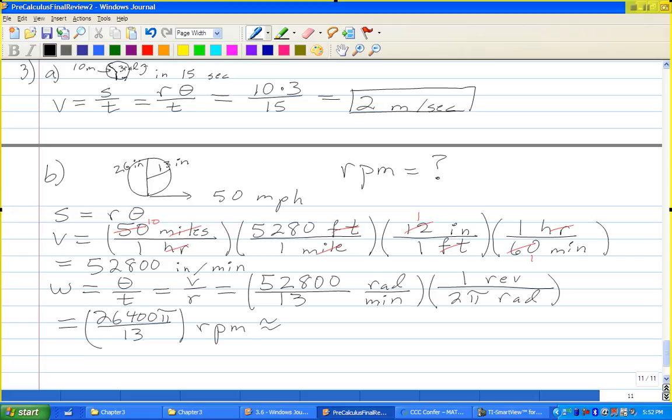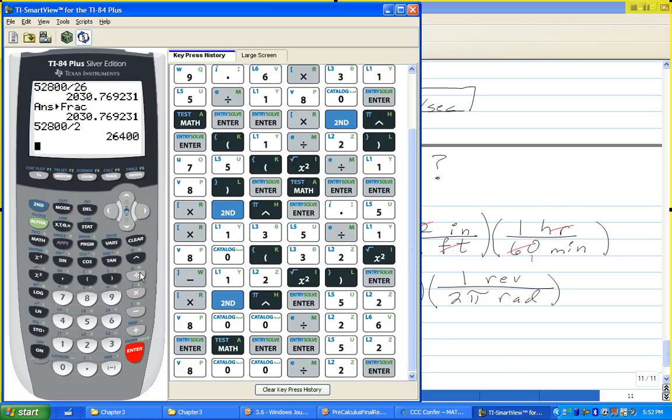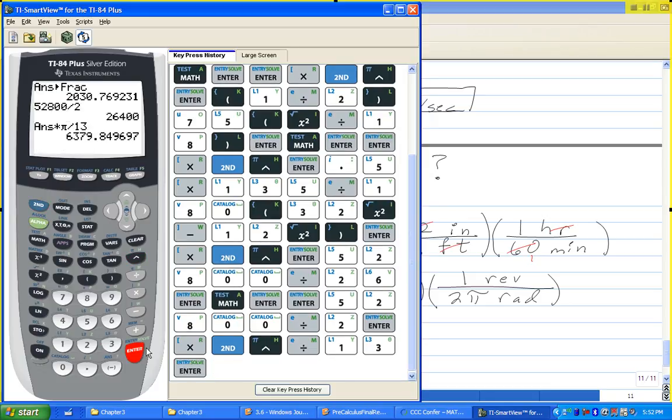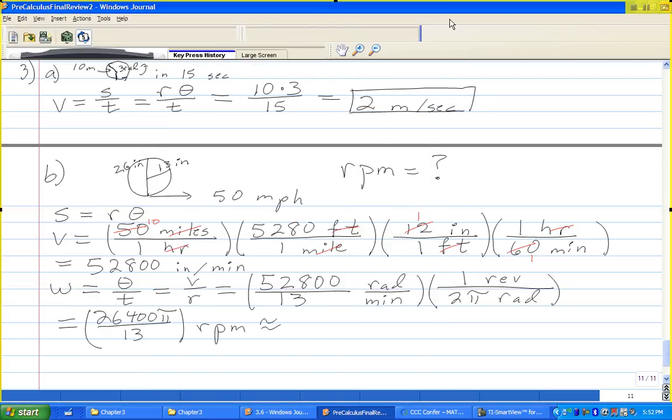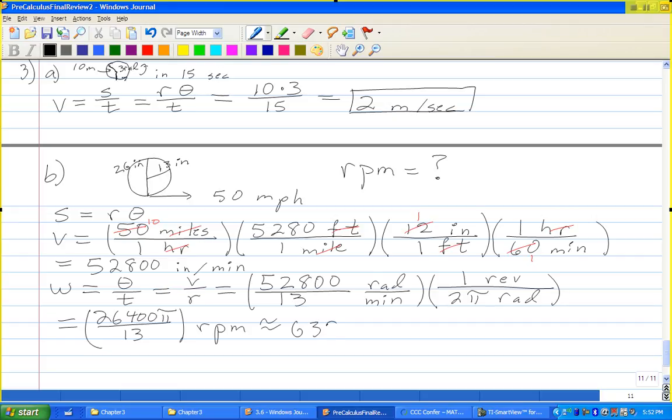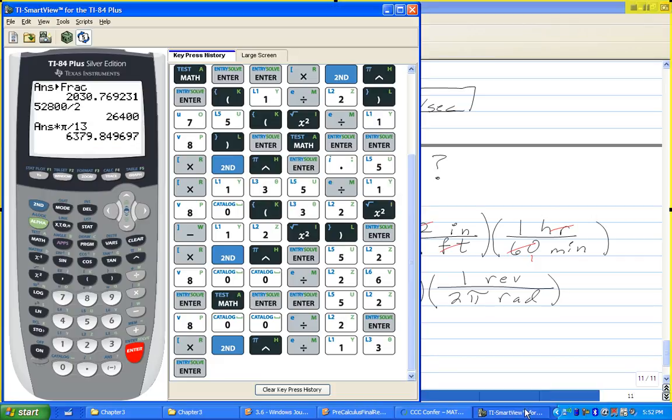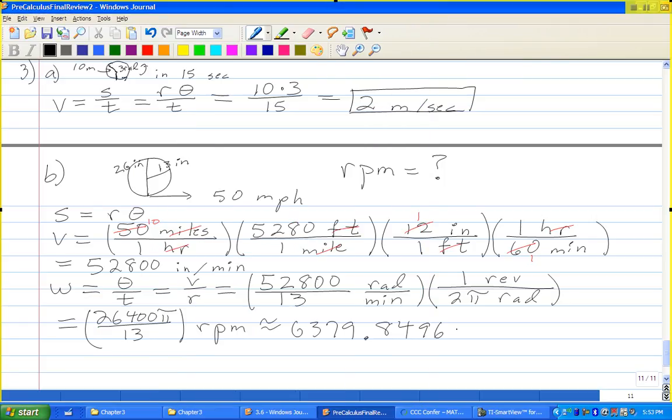So 26,400 times pi divided by 13 is 6379.85 revolutions per minute.